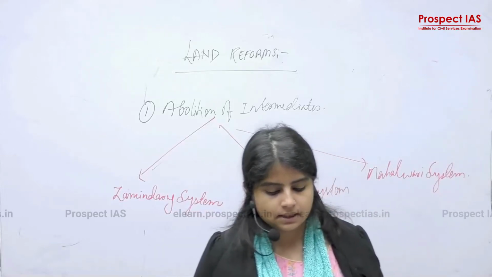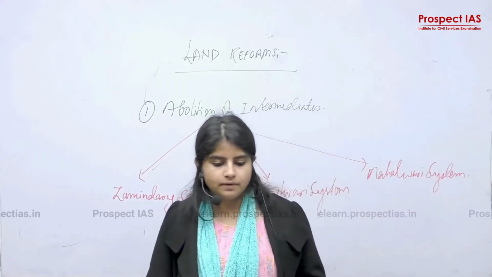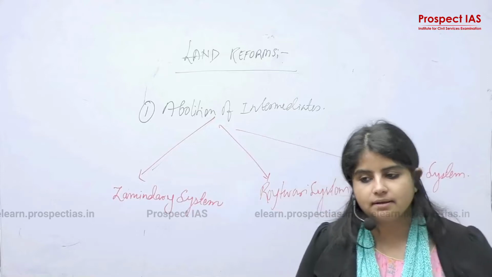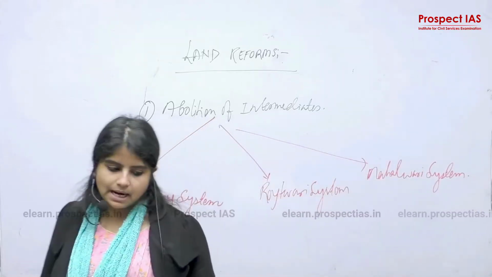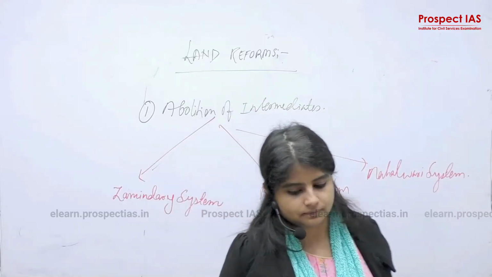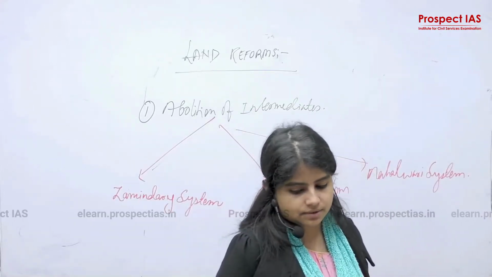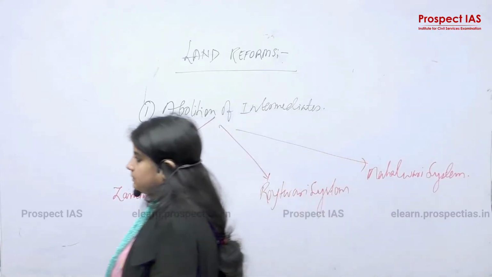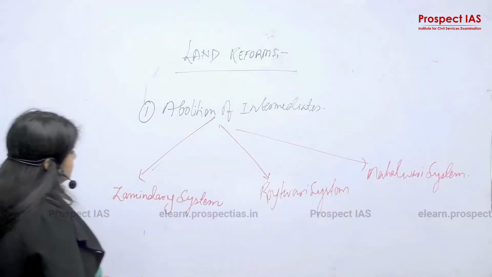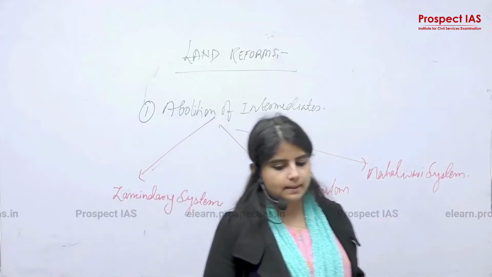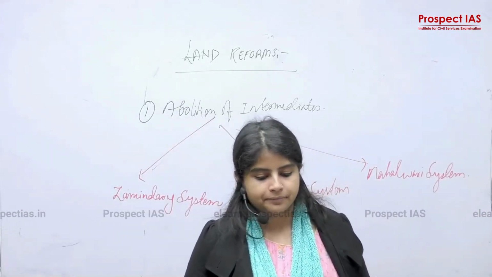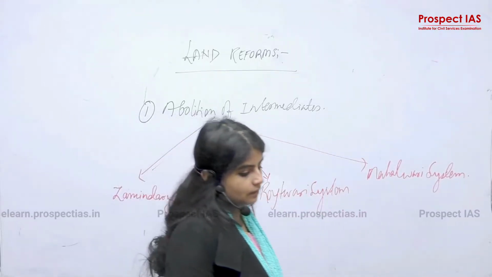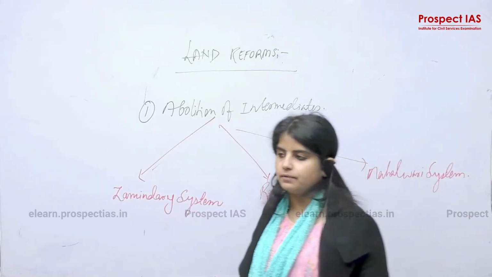This system prevailed over major parts of North India, including Uttar Pradesh, except Awadh and Agra, Bihar, West Bengal, and most of Odisha and Rajasthan.